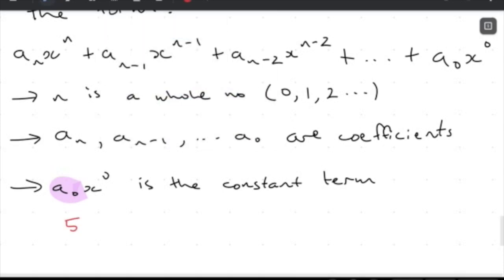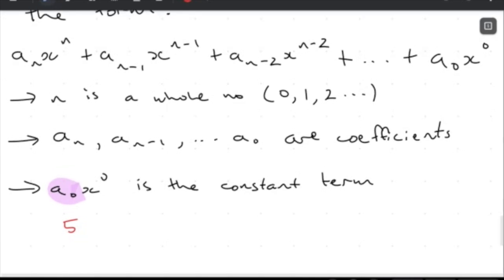Now, x to the power of naught, our last thing in this polynomial expression, this is a constant. We always put our last number way back in algebra as some kind of whole number or any other number right at the end. And the reason that's a number based on this notation is that x to the power of naught, any number to the power of 0, is just 1.